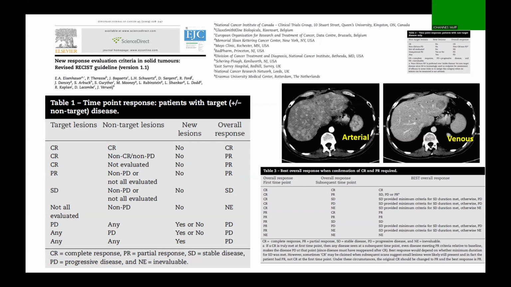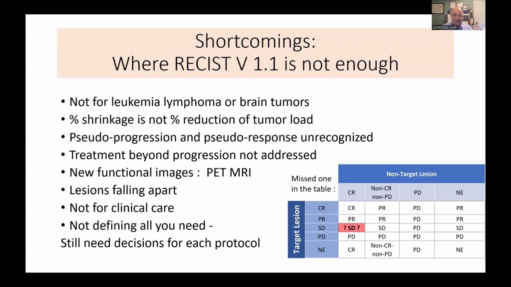Remember, I said for confirmed CR, you need a second image that also shows CR to call it a best overall response confirmed CR. And the same for PR, obviously. But that's only when they are the same. When they're different, then it gets easily complicated, and then you use this table to come to one category for each patient. Nothing is perfect.